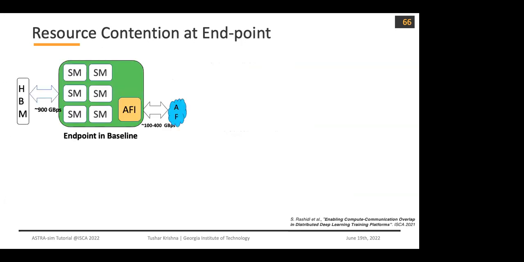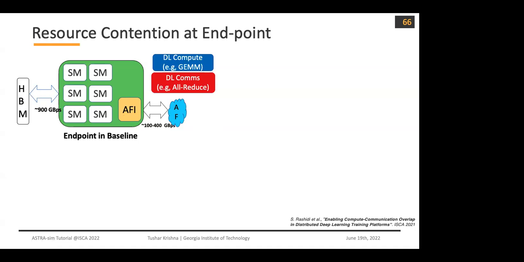Here, there might be interesting implications of the endpoint design. Imagine an endpoint accelerator, which might be a GPU with many SMs, and you have some interface. This is just the accelerator fabric interface that communicates with the accelerator fabric, and of course, also communicates with memory.